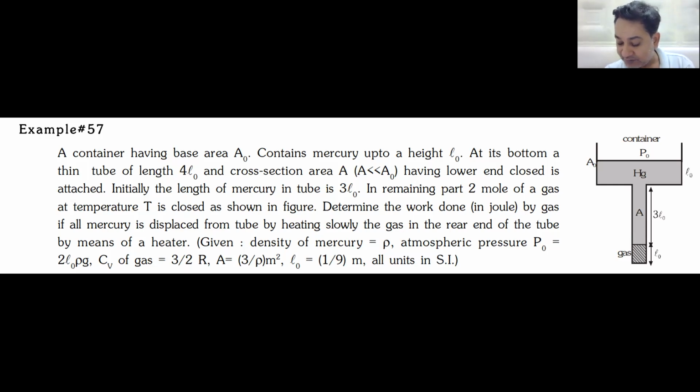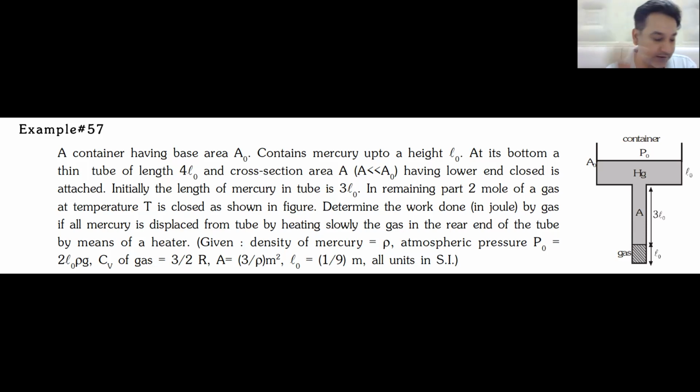The area of cross section is very small. Initially, the length of the mercury in the tube is 3 L naught. In the remaining part, 2 moles of a gas at temperature T is closed, as shown in the figure. Determine the work done in joules by the gas if all mercury is displaced from the tube by slowly heating the gas in the rear end of the tube by means of a heater.